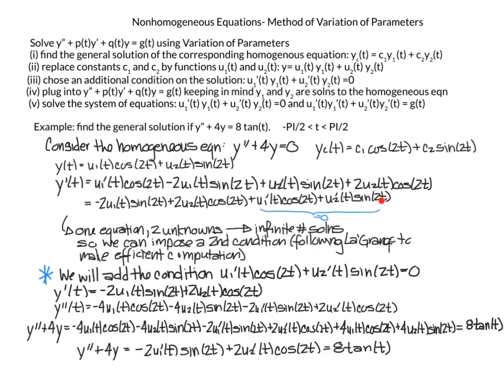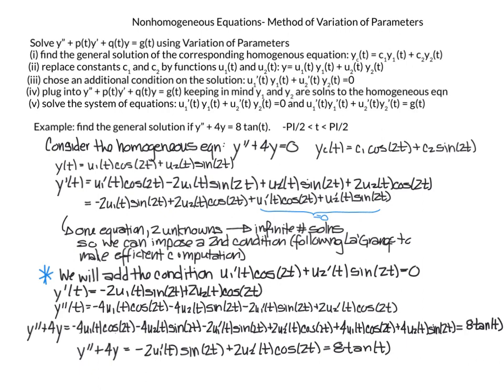This additional constraint will then further simplify our y prime, which I've rewritten here. So it's minus 2u1 sine 2t plus 2u2 cosine 2t. Then we can take our y double prime, which is 4u1 cosine 2t minus 4u2 sine 2t minus 2u1 prime sine 2t plus 4u2 prime cosine 2t.